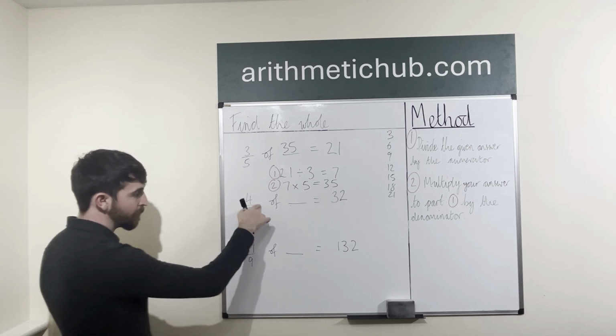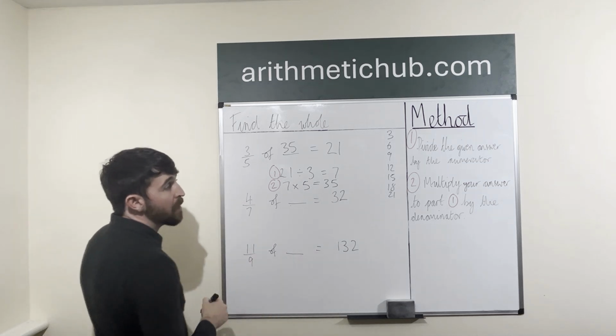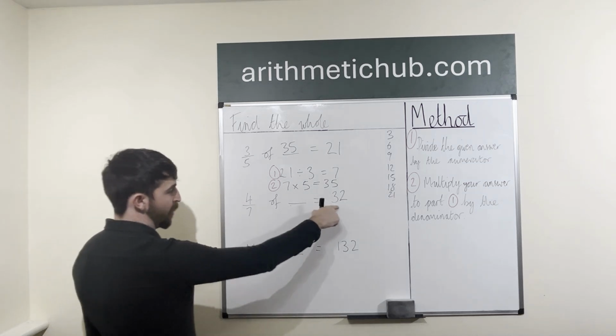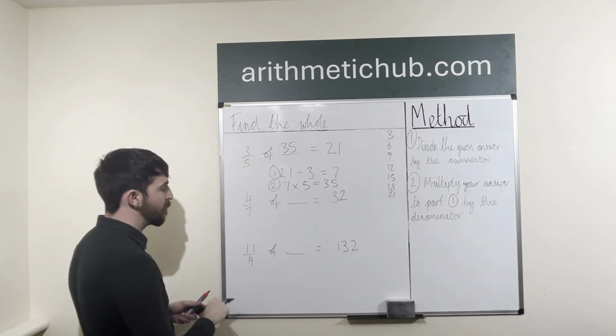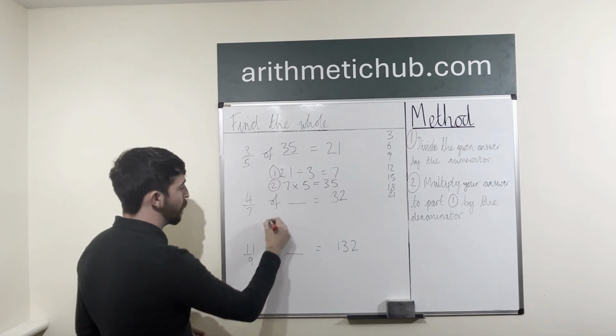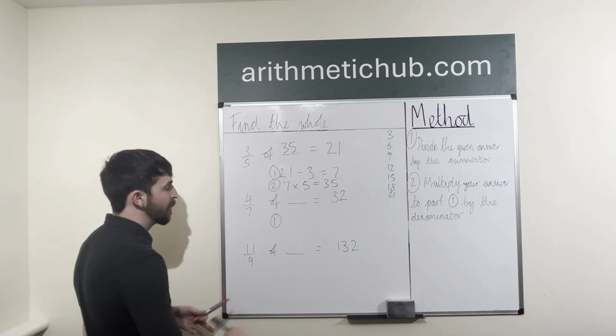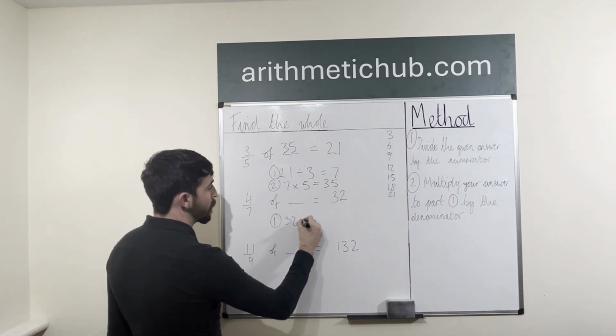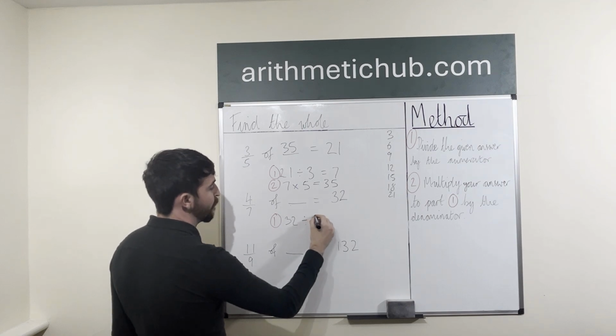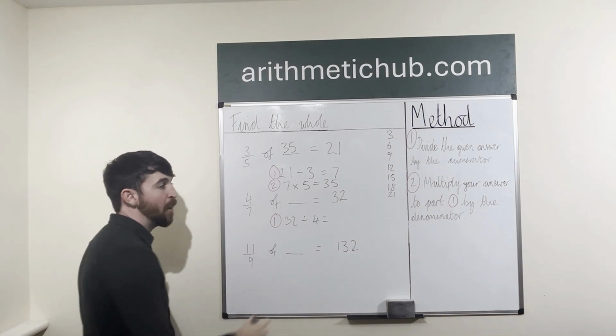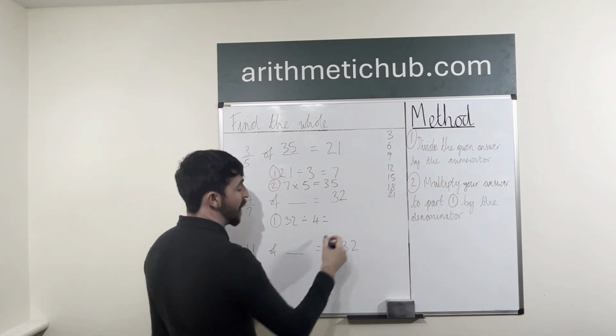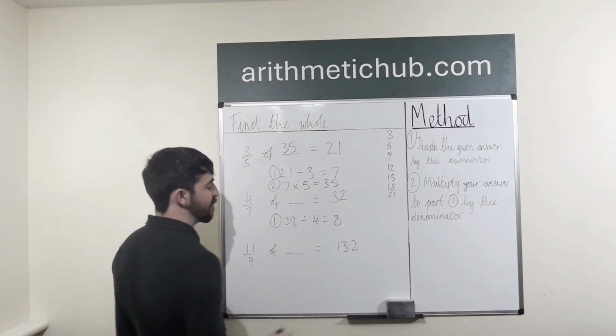Okay, so let's have a look at this one. Divide the given answer by the numerator. 32 is our given answer. Our numerator is 4. So let's have a little look. 32 divided by 4 is going to give me, now I can write my 4's out if I need to, but I know 32 divided by 4 is going to give me 8.